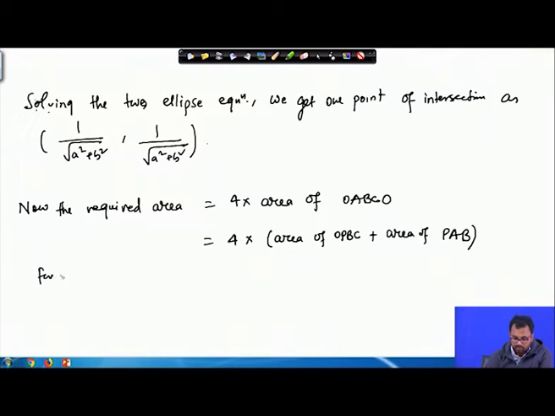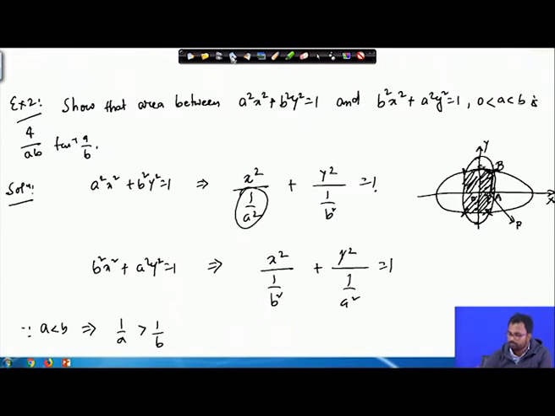So, for the area of PAB, this is PAB here, and this is part of our inverted ellipse, and from here we have to calculate the value of y.